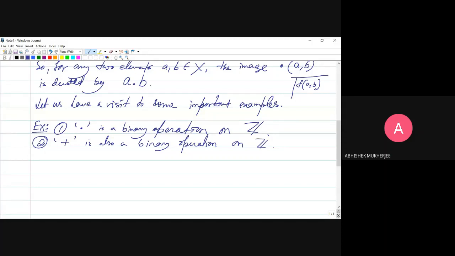So this is defined by the operation of (a, b) equals a minus b. Since for any two integers their difference is an integer, this is also a binary operation.